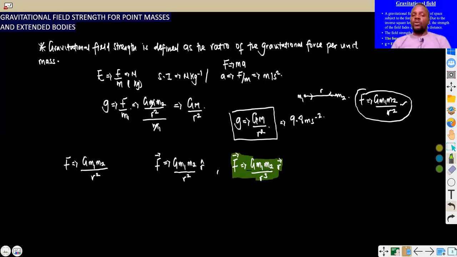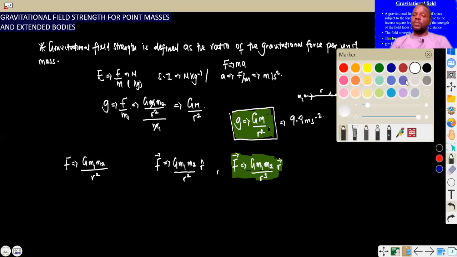For now, I want you to keep this formula for the field strength, which is the strength of the field, or the acceleration due to gravity, but under gravitation we call it the field strength. Another thing I'll give you, because of numericals and illustration, is some quick formulas that might help if we are faced with questions.